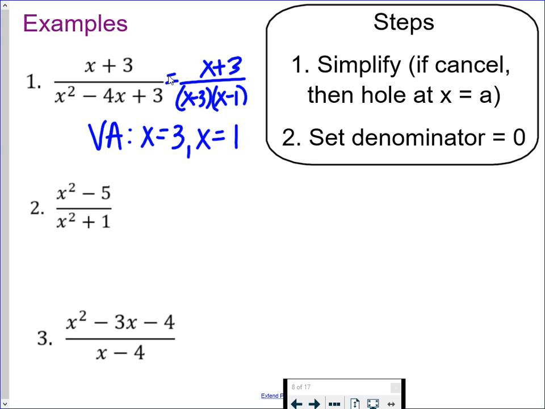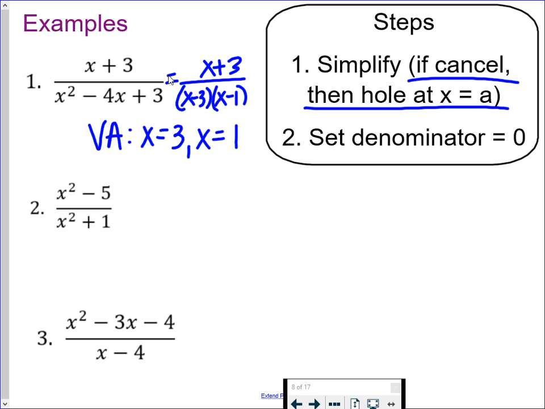Now, this right here is how we're going to find a hole in the graph. The past couple of days, we have found that if something is the same, we cancel it out. If you cancel something out, that is what creates that little hole in the graph.